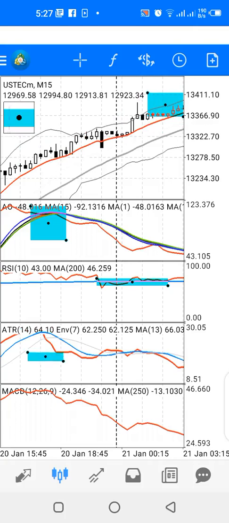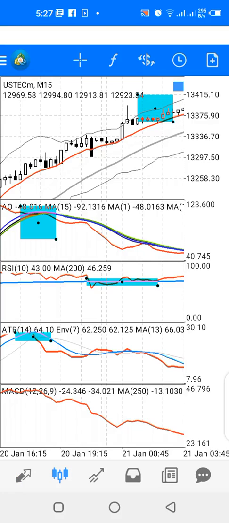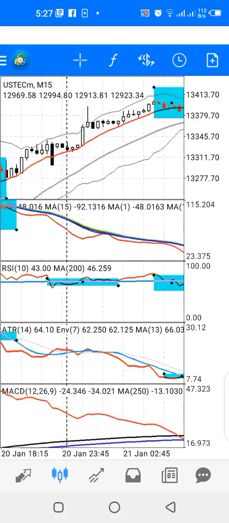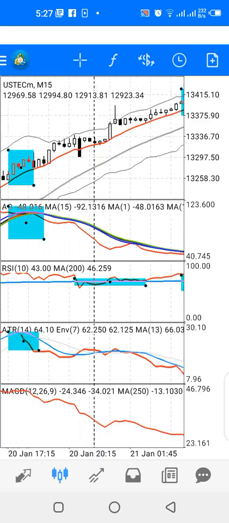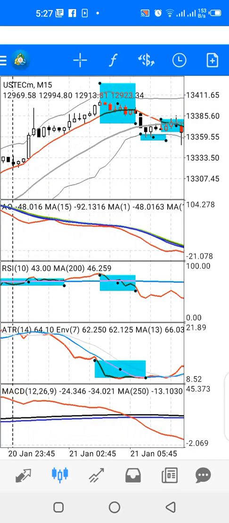Okay, now from this point, which is this point here, to this point here, is your swing, more like your impulsive swing. So indicator window 3 will tell you the swing. Is it swing high or swing low?